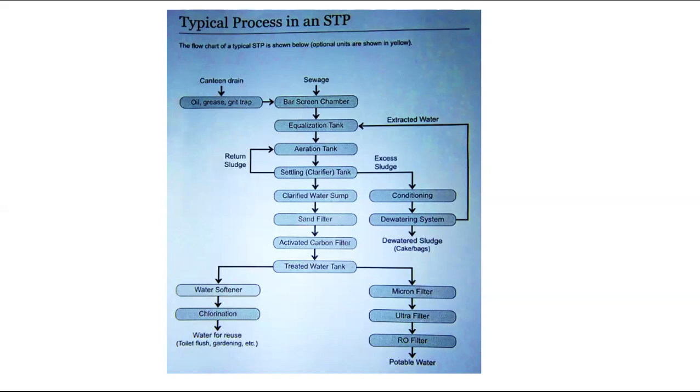Normally in India, we are not using STP water for potable purposes. We are using the first option only. We are putting it into the toilet and gardening purposes only.